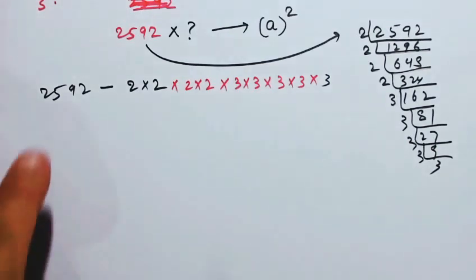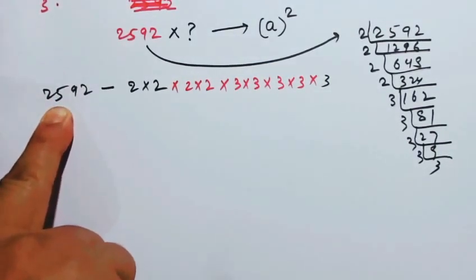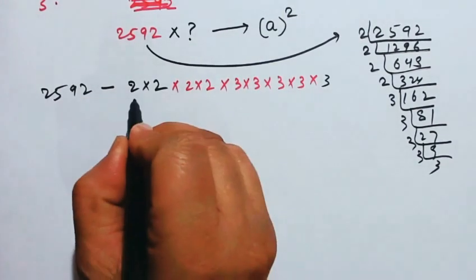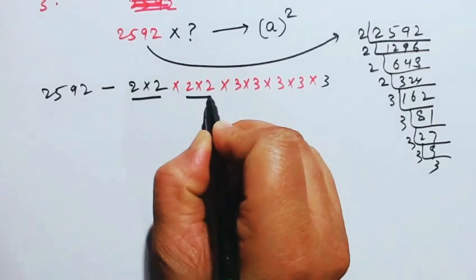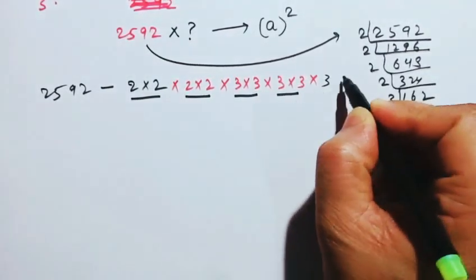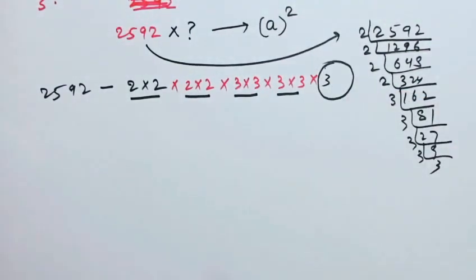Now if this were a perfect square, each of these numbers would have pairs. This has one pair, this also has one pair, this 3 also has one pair, this has one pair. What about this? This one has no pair.